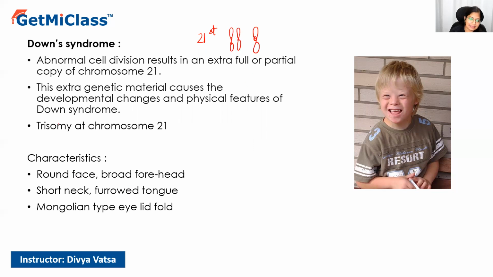That is why we say there is trisomy at the 21st position. What will be the characteristics? Round face, as you can see over here, broad forehead, short neck, the tongue is going to be furrowed, Mongolian type eyelids. Okay, this is called Down syndrome. It is also referred to as Mongolism.